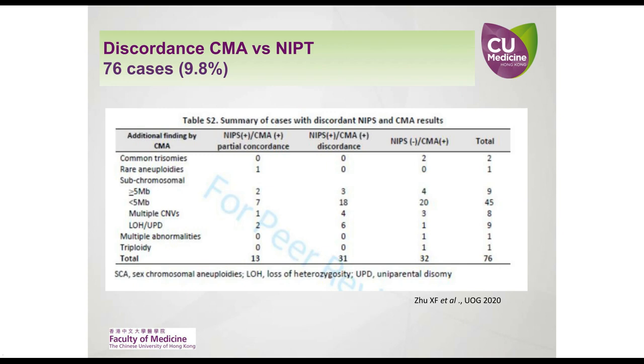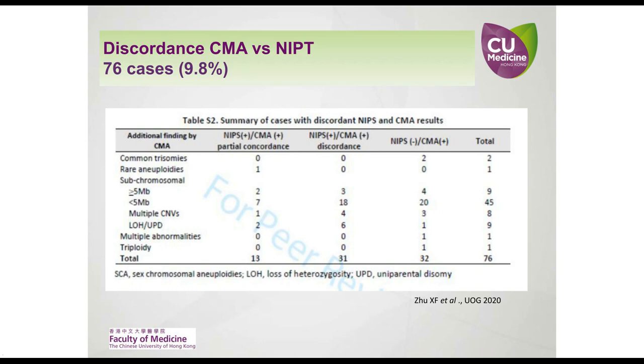Let's take some of them as examples. Within these 9.8% of cases with discordant results, we can see that the discordance is not just confined to those larger than 5 megabase. We actually see more that are less than 5 megabase, if you focus on the third column of the table. So what are they?